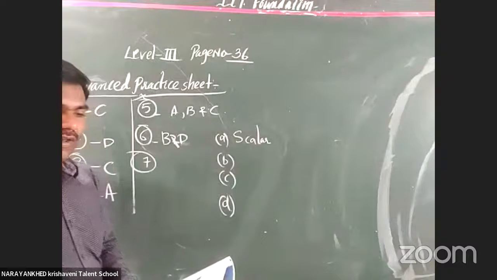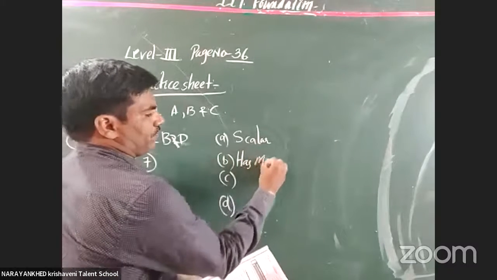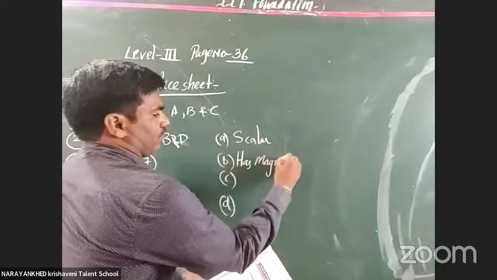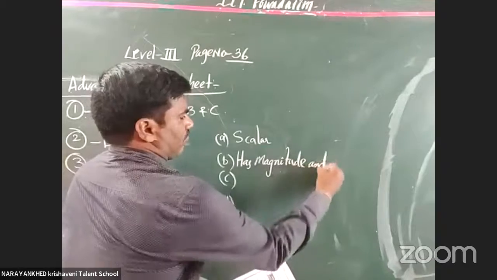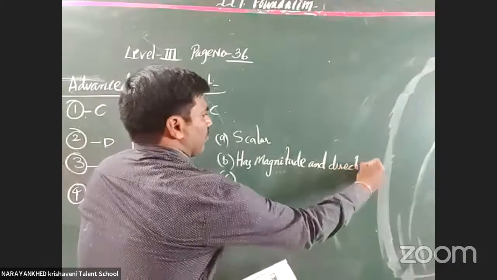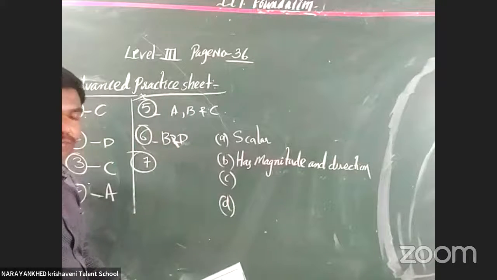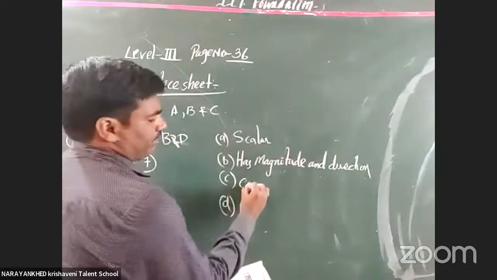And the next they given as magnitude and direction. Next one, cannot be added algebraically.